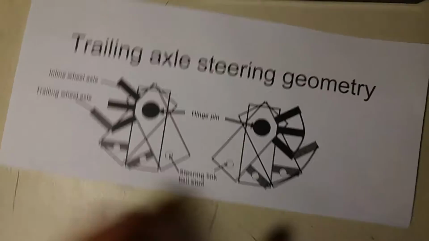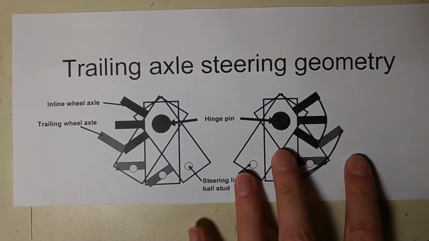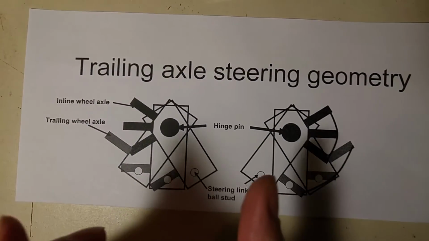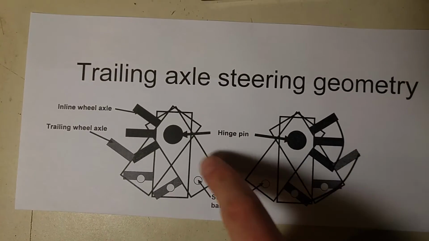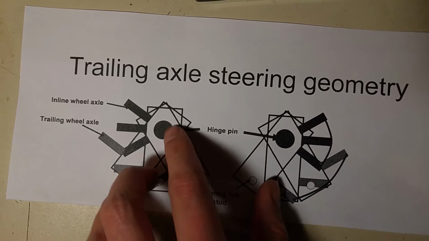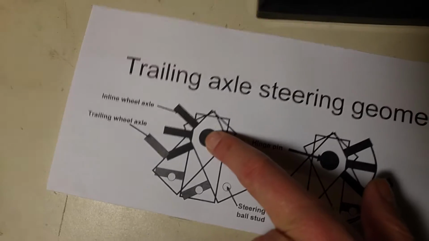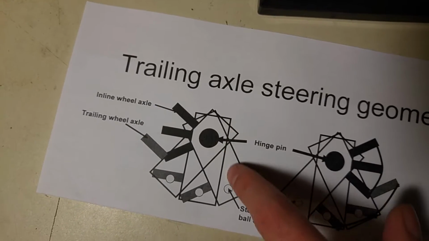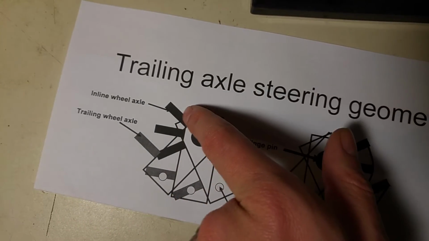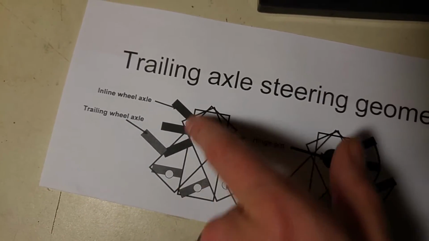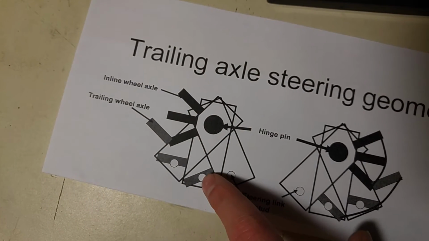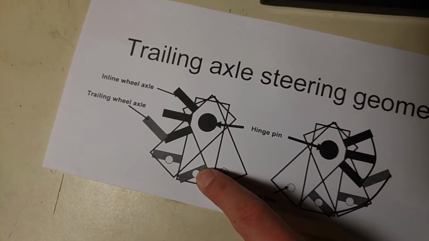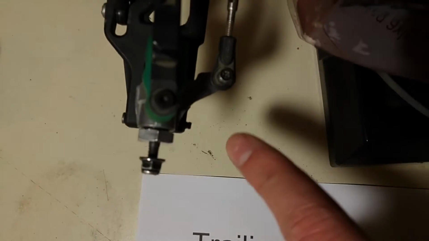To help illustrate this, I made a PowerPoint diagram to make everything a little bit more clear. Let's imagine that this big circle is my hinge pin around which the steering knuckle rotates. This is my axis of rotation. This big rectangle is my steering knuckle, and this little dot is the steering link ball stud.